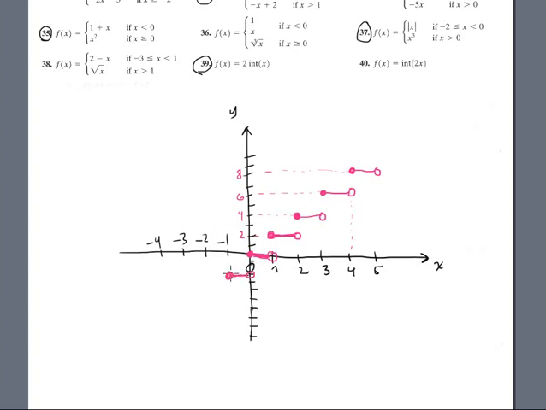And this is full. Between this and this is -2, multiplied by 2 is -4. This is -2, this is -4. Between -3 and -2 is -3 times 2 is -6.